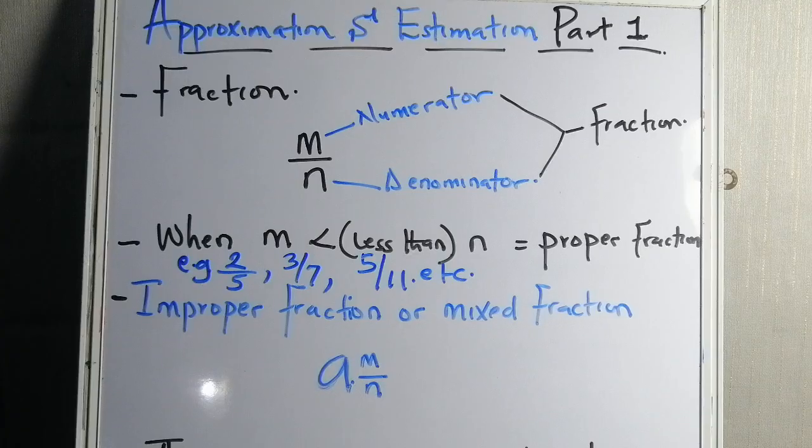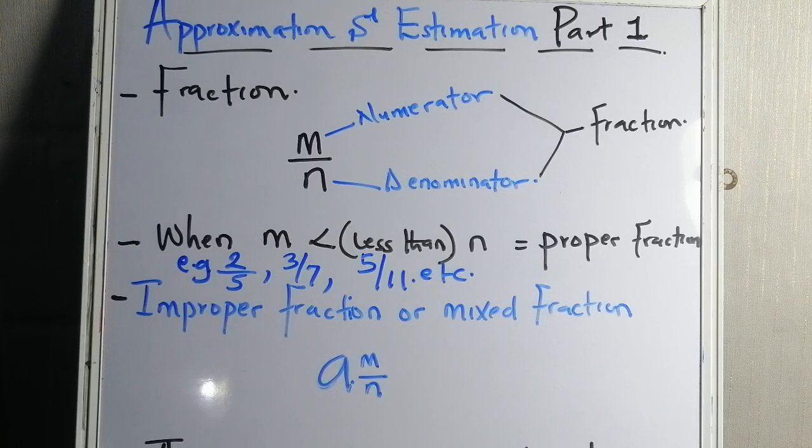So you can have as many examples as possible of proper fraction. Now, there's what we also call improper fractions, although I've been sharing questions based on this. I think this is the proper time for me to touch base with those questions that I've shared so that we can confirm if our answers are correct or not. Now, improper fractions or mixed fractions. In this case, sometimes we have a whole number with m over n.